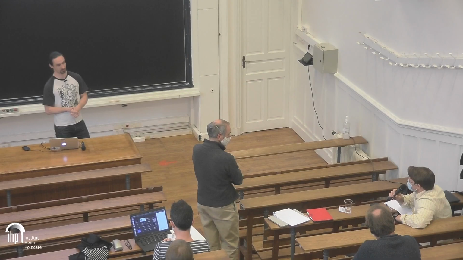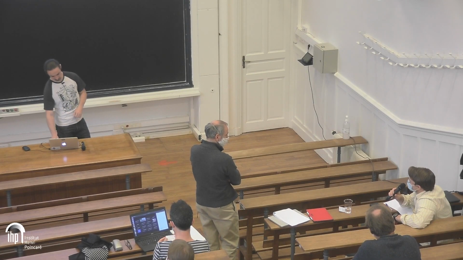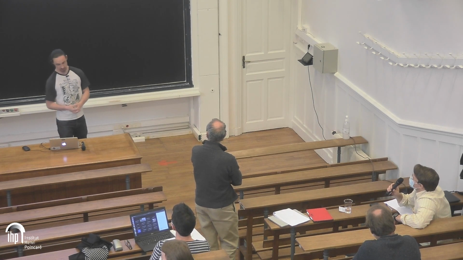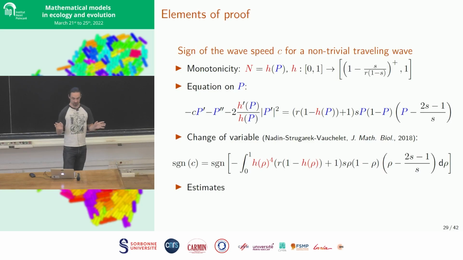And the function h in your situation, do you have an idea how to find this function? So we know it's a decreasing function from the interval 0, 1 to this interval. And actually, for the moment, we have no more estimates. But we are able to say something about the monotonicity of h to the power 4 times r(1 minus h) plus 1, which is amazing.